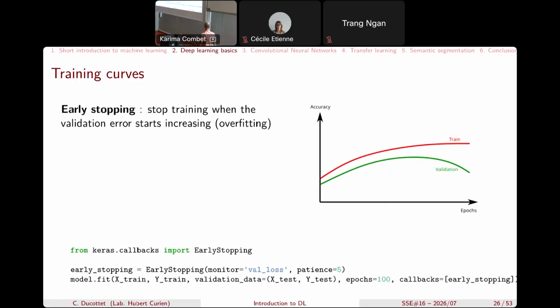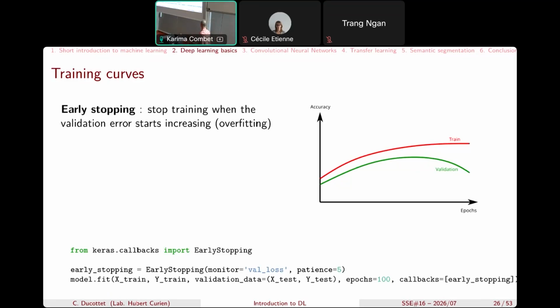And if you monitor both the training accuracy and the validation accuracy, you have to be careful about how these curves are evolving. If you have something like that, for example, the validation is going down whereas the training is still going up, it means that you have a kind of overfitting phenomenon.